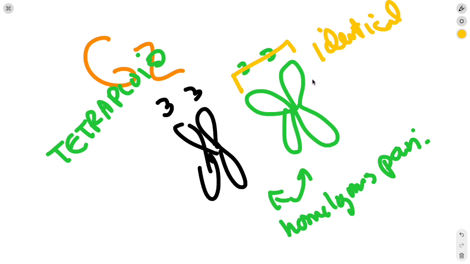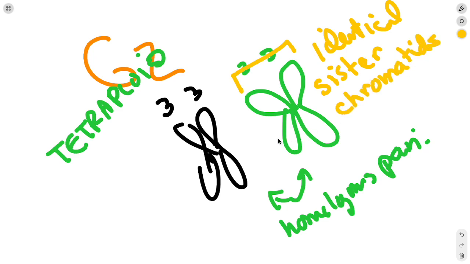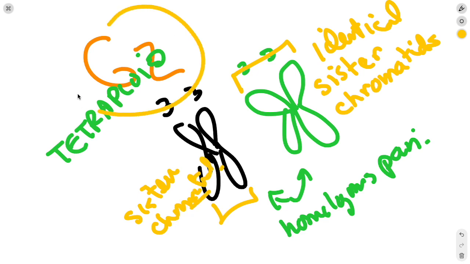It makes an exact duplicate. And these are said to be sister chromatids, and that's our last term. And over here, these would also be sister chromatids.